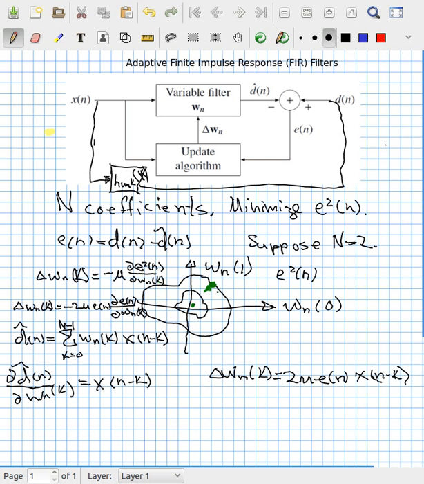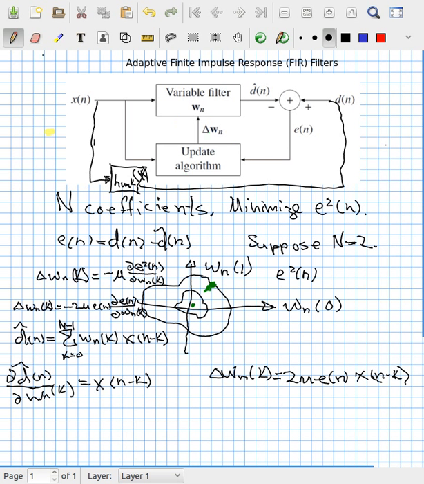The derivative in the w sub n of 0 direction would be this little vector here, and the derivative in the other direction would be that little distance right there. You add those two vectorially, and you get this gradient vector here, which gives us the two components of delta w up here.